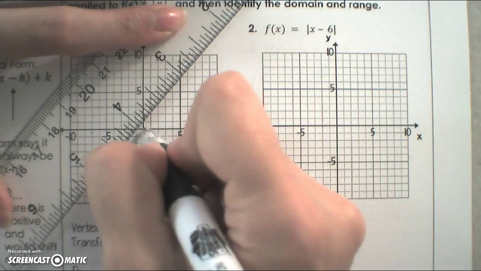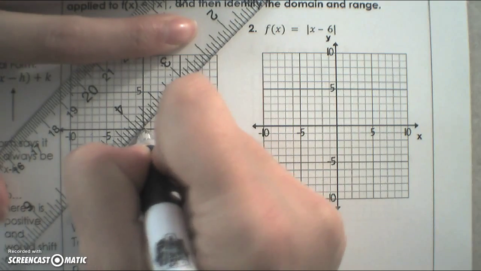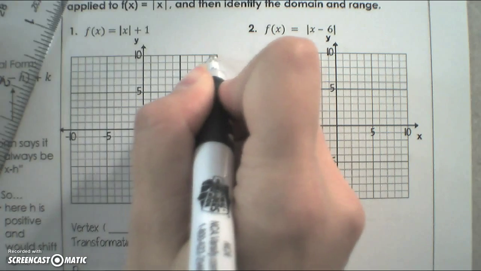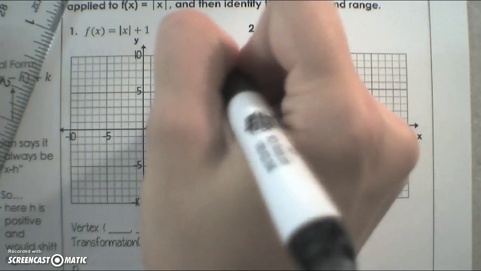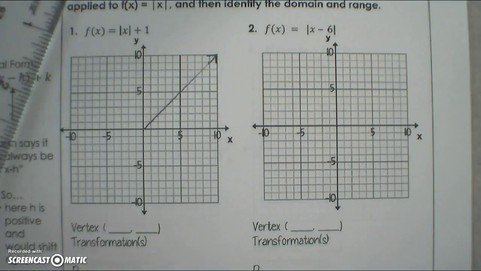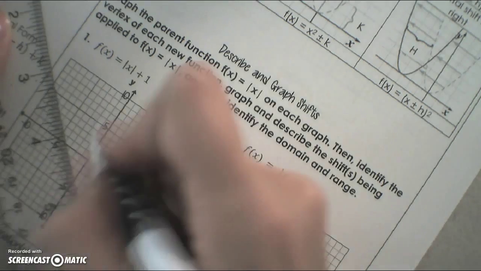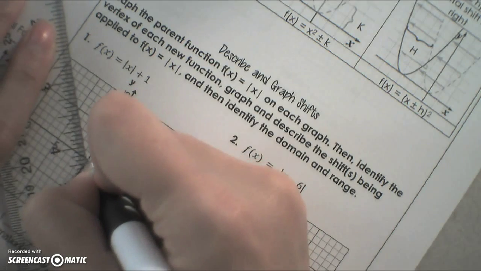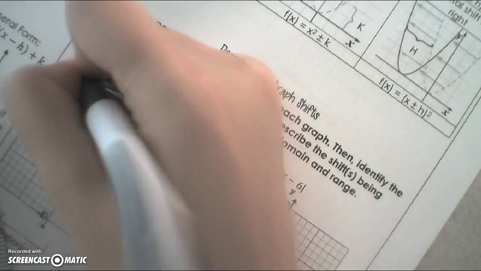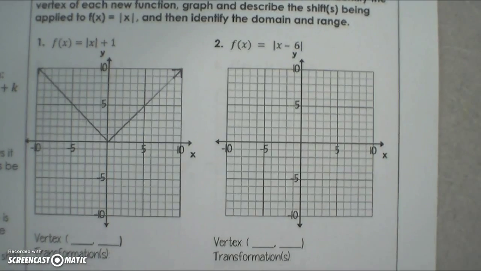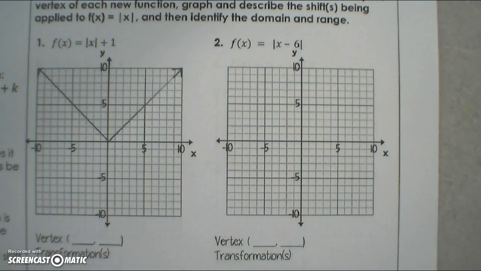So start at 0, 0, and then draw all the way up with a slope of 1, if your pencil works, and then going this direction with a slope of -1. So go through and do that on every single graph through number 10, through page 24. So pause the video, do that now, and then we'll come back and we will graph our transformations.